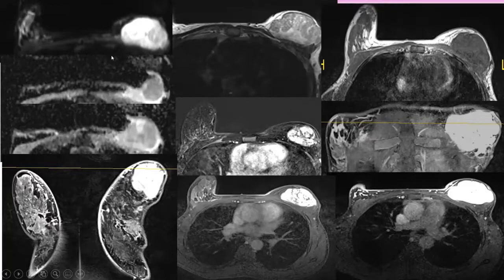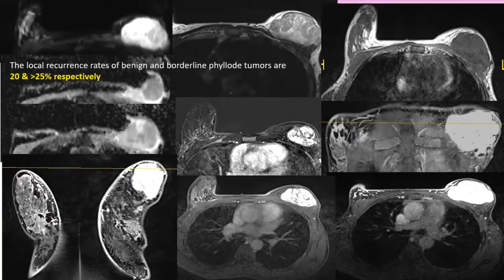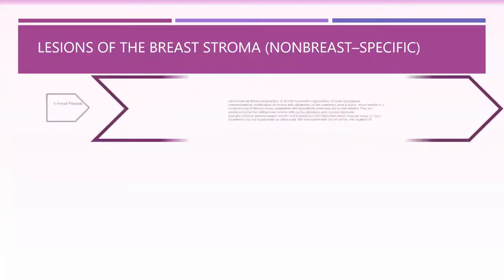Here it also demonstrates restricted diffusion this time, while the first one did not. And still it was a phyllodes tumor, and the recurrence rate even in the benign and borderline is 20 and 25 percent respectively.